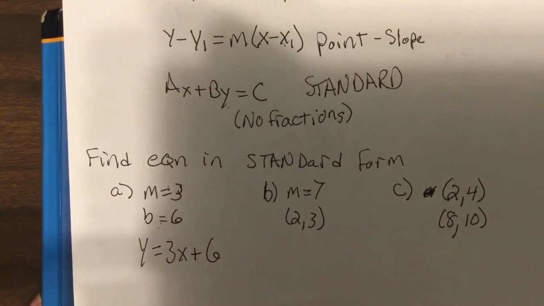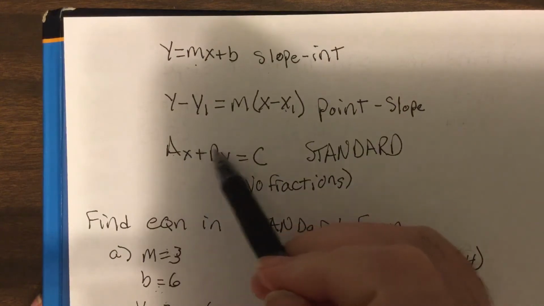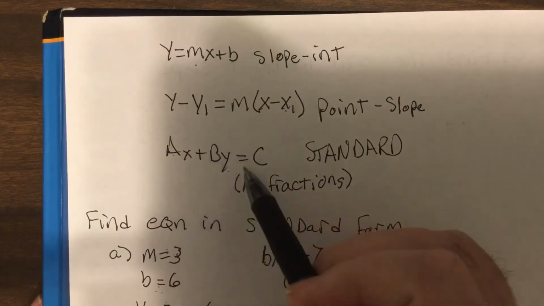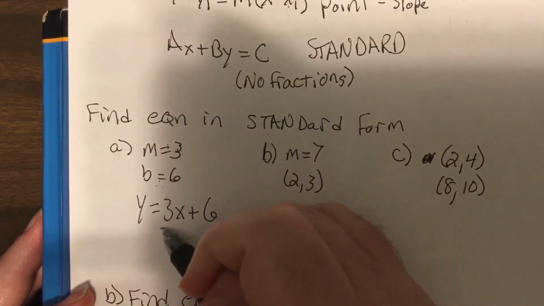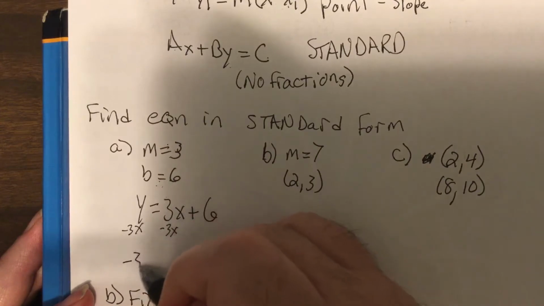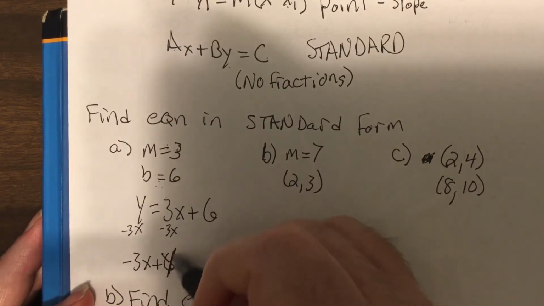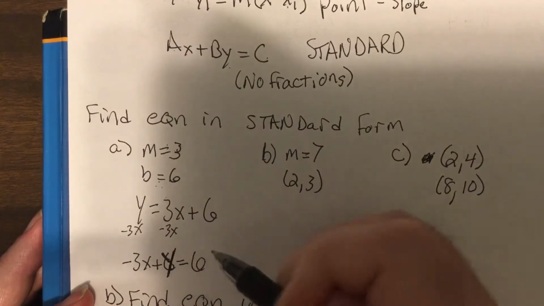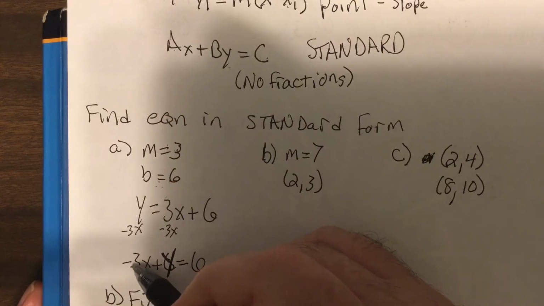Now I want to get it in standard form. Standard form is number x plus number y, that can be a minus 2, equals a number. So I want to get x and y on one side, so I'm going to subtract 3x. So I'd have minus 3x plus y equals 6. Now, when I was a kid, you could not have a negative coefficient of x, but now you can.